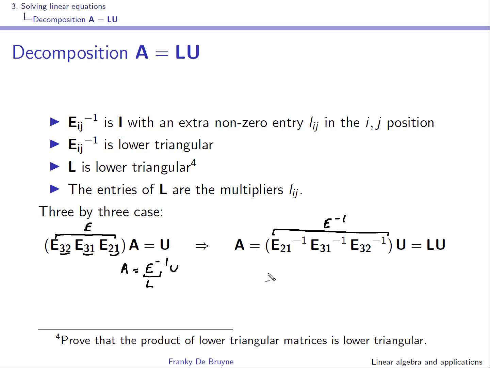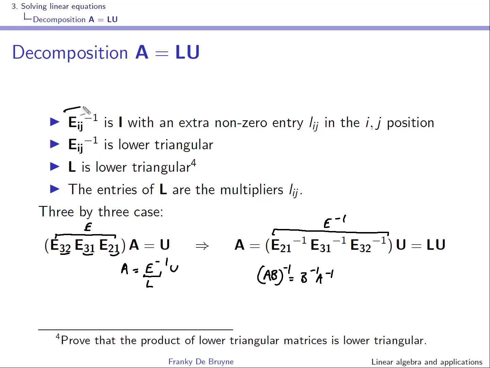This is indeed correct, because you know that (AB) inverse is B inverse A inverse, so we have to reverse the order. This is indeed the case over here. So the inverse of E is constructed from the reverse product of the inverse of the elimination matrices.